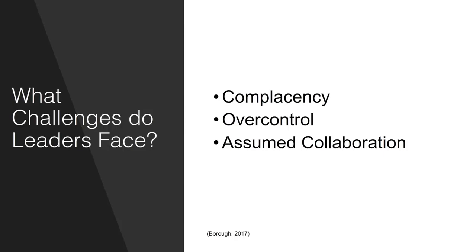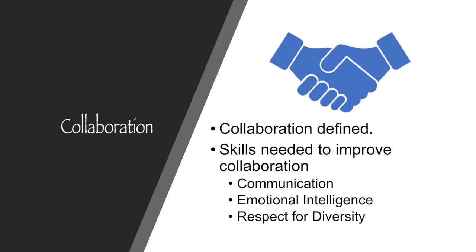Merriam-Webster defines collaboration as working jointly with others. Collaboration may occur in a group in which the leader is a member, or it may be in a group in which the leader is not connected. Collaboration skills enable members of a group to engage with each other productively and efficiently.